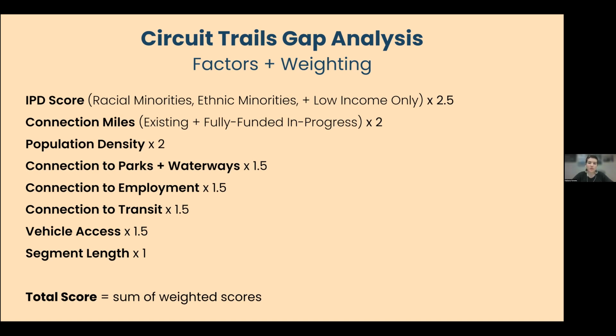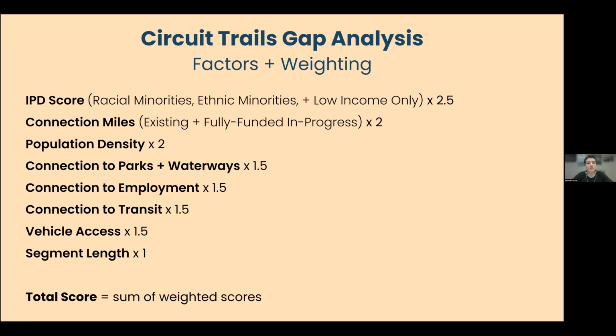Connections to employment centers. This data was also pooled at the census tract level, number of jobs in census tracts within a half mile of segments. Connection to transit, so rail stations as well as bus stops.